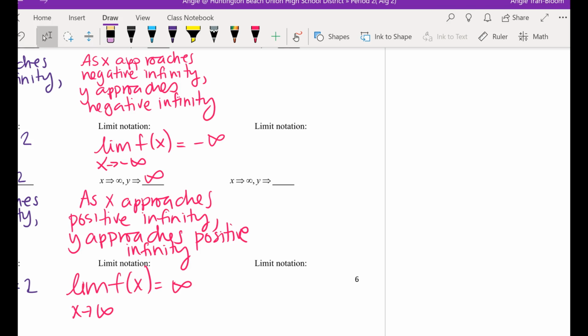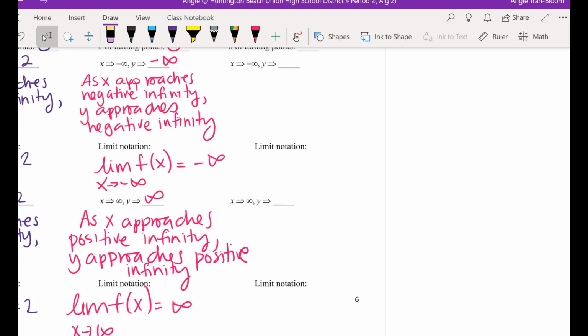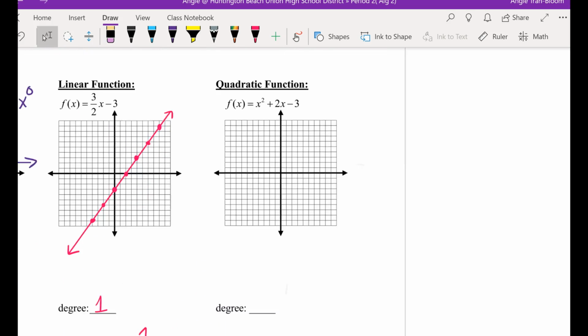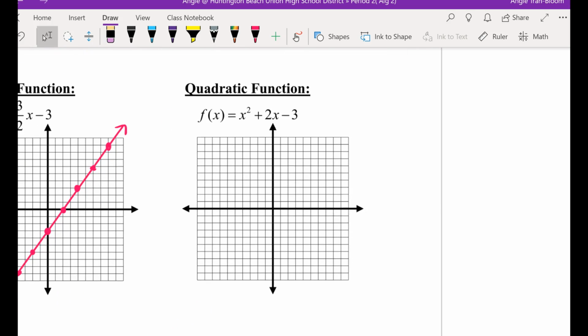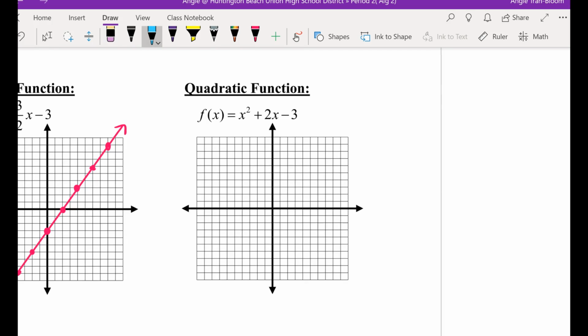Now, we have one last one to graph by hand, and then we're going to bust out our calculator. What kind of function is the next one? Quadratic. You're right. Okay, so here it goes. How do we graph a quadratic?